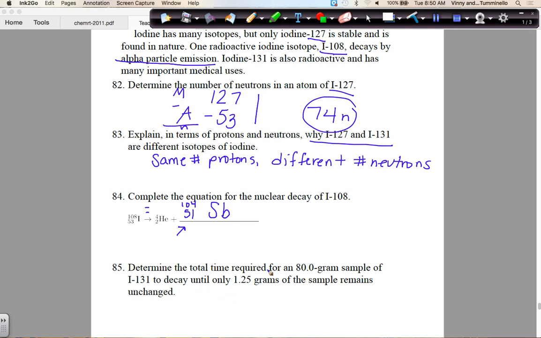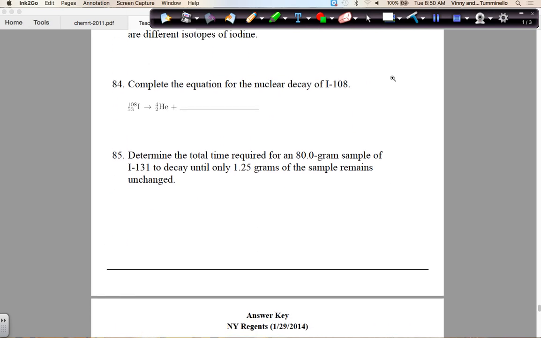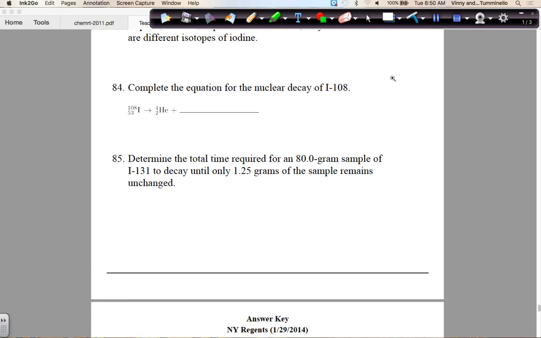And finally, 85, the time required for an 80-gram sample of I-131 to decay until 1.25 grams remains. We have to look up on Table N the time for one half-life for I-131.